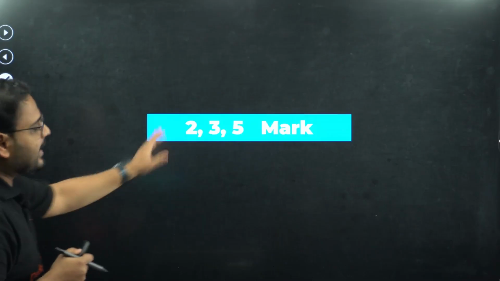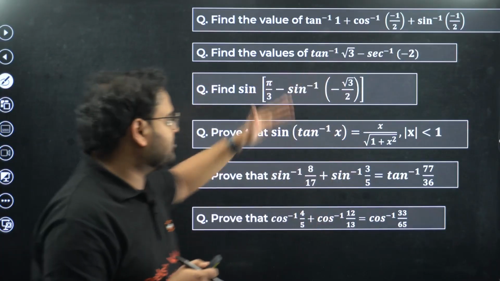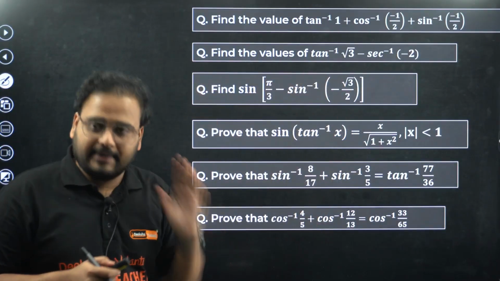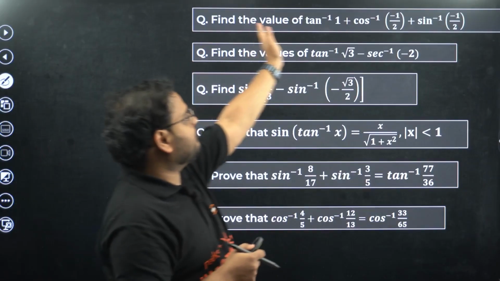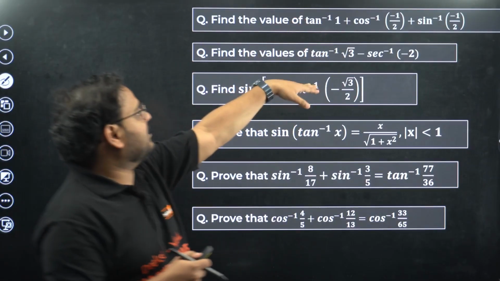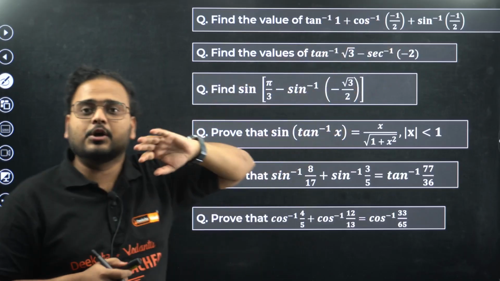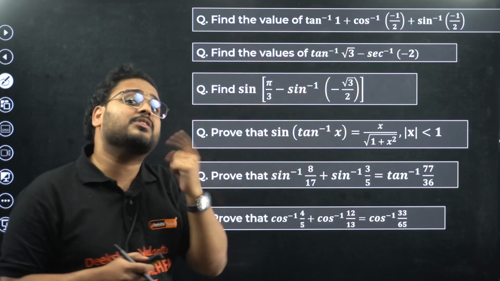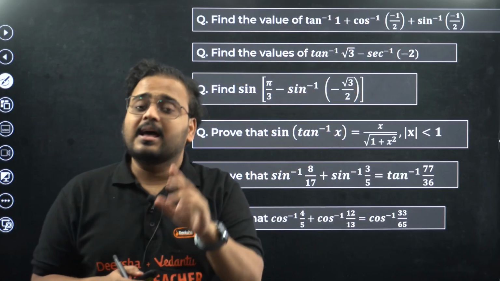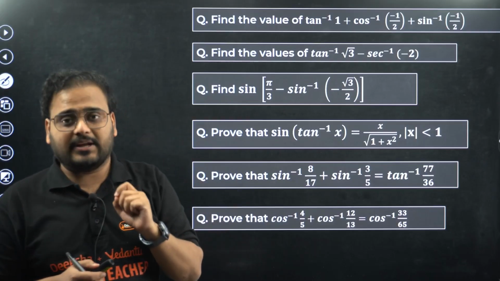Okay, so let's look at the subjective questions first. These are some questions that I want you to solve and go prepared with. This is again the simplification of a question: find the value of tan inverse of 1 plus cos inverse of minus 1 by 2. This type of question comes. Any question of this category will be solved using what? If you know the special angles and the odd function property.